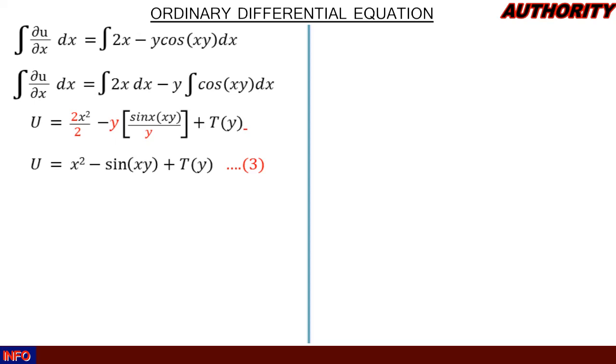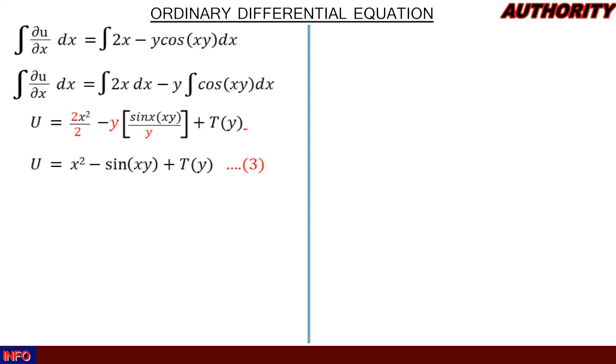And then we have found this u to be x squared minus sine xy plus t of y, but we don't know our constant t of y. So if we succeed in getting this t of y, we add it here. That's all. That means we have solved the differential equation we are asked to solve.